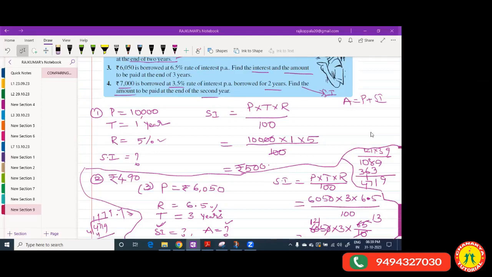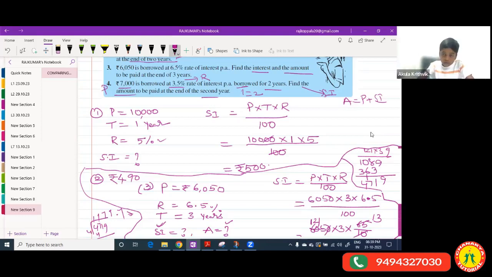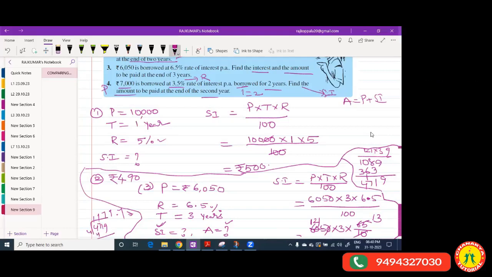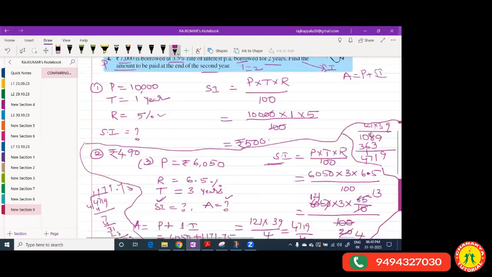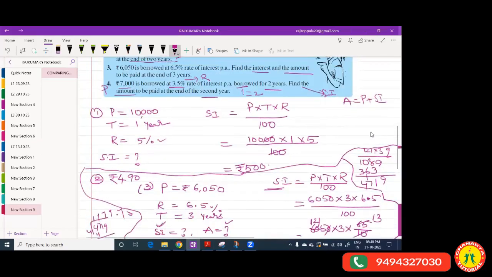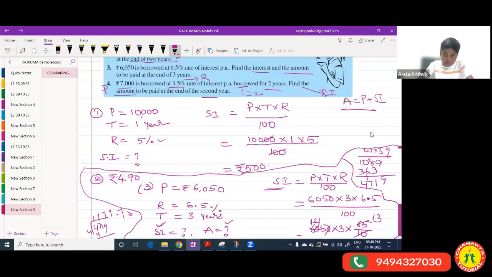Second year means time 2 years. T is 2, P is 7,000, R is 3.5. Same like this only. See here SI. Calculation part, be careful. Okay, sir. So normal formula A equal to P plus SI. After finding simple interest, SI, then you can add the simple interest to the principal. That will be the amount. Okay, sir.